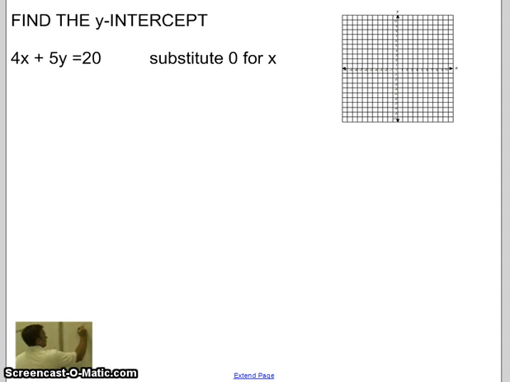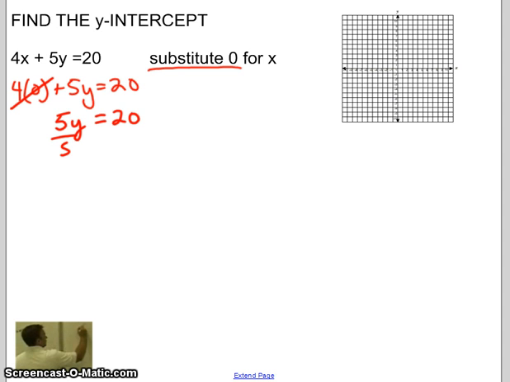Let's take the same equation and find the y-intercept. This time I'm going to substitute 0 for x. Instead of writing x, I'm going to write 0. 4 times 0 is 0, so that goes away, and we get 5y = 20. Divide by 5, and we get y = 4.